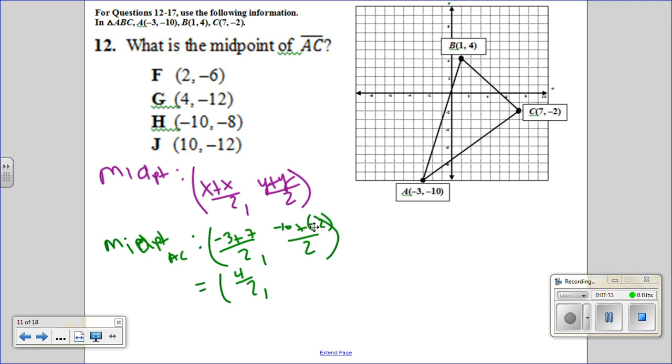Negative 10 plus negative 2 is a negative 12. 4 divided by 2 is 2. Negative 12 divided by 2 is a negative 6. You need to remember the midpoint formula. And you need to show your work.